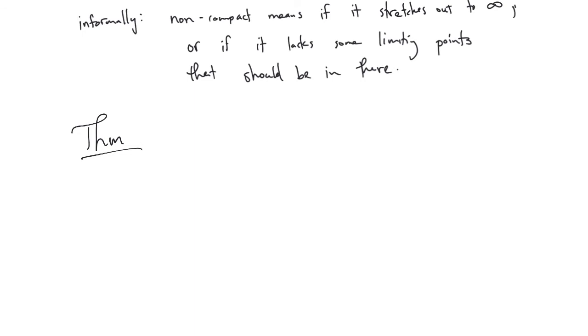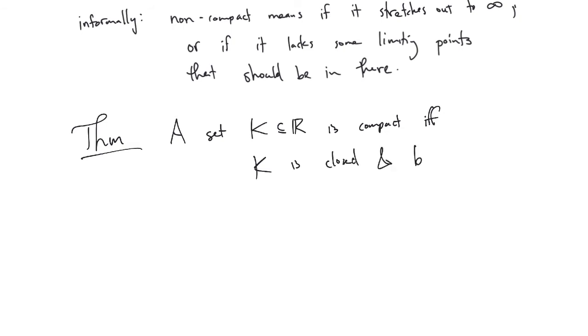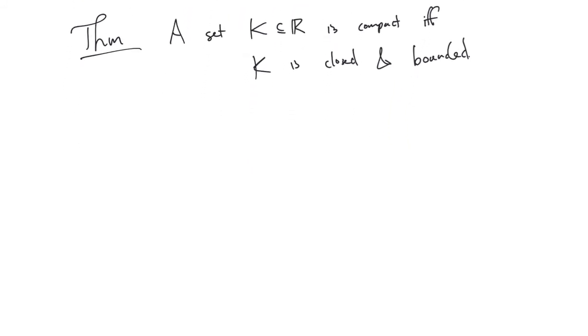It just says a set K in the real numbers is compact if and only if K is closed and bounded. All right, the set is compact is equivalent to saying that it is closed and bounded.